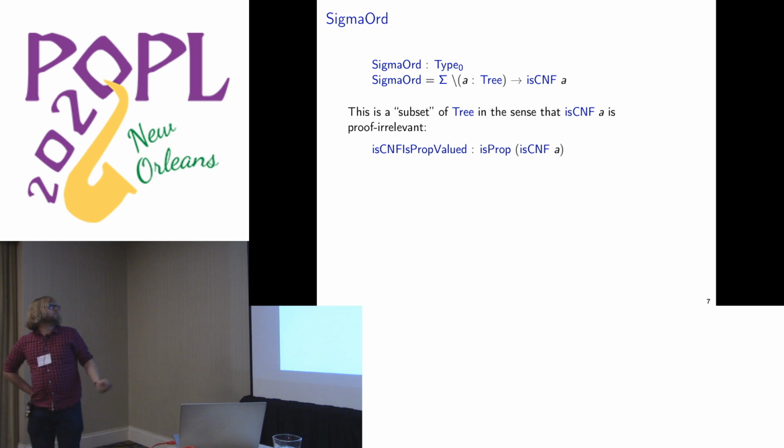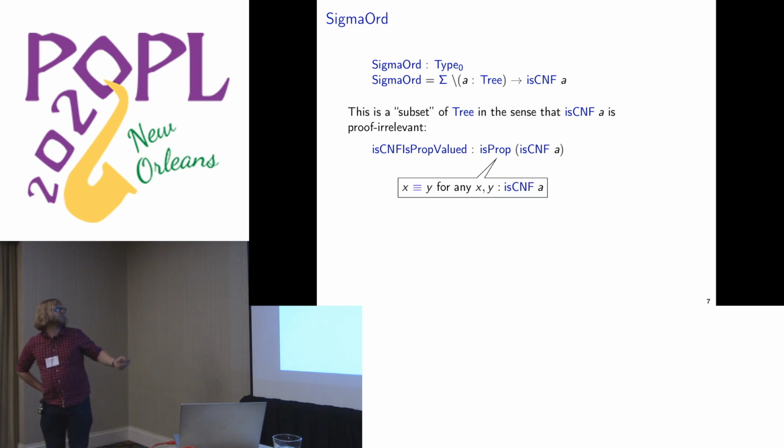And I'm justified to call this a subset because you can prove that this predicate is actually proof irrelevant. That is, it's in HoTT speak propositional. That is, I can prove that any 2 elements are actually equal. So there's not more than one proof of this. So equality of ordinals here is just equality of trees. Right? There's no equality in the proofs.